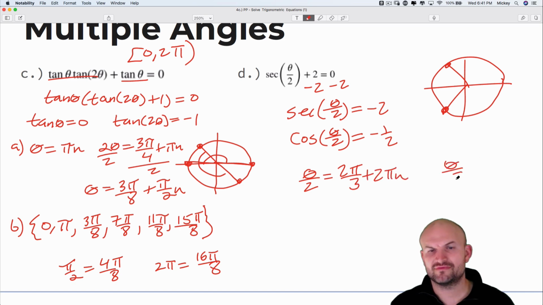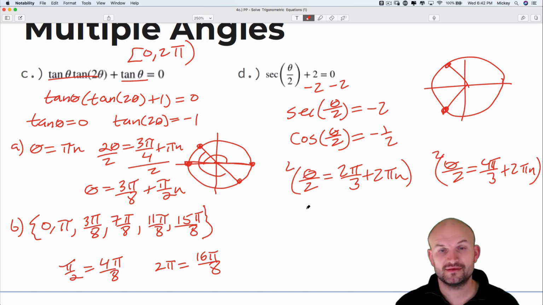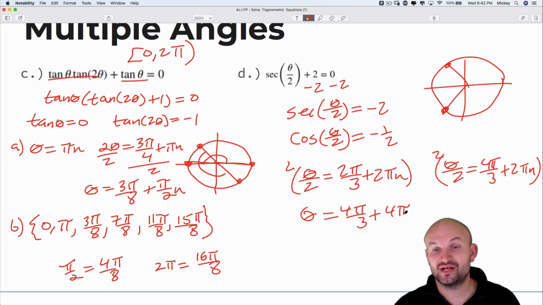And then I have theta divided by 2 equals 4 pi over 3 plus 2 pi n. Okay, so let's multiply everything by 2 again to solve for theta. So now I have theta equals 4 pi over 3 plus 4 pi n. And over here, I have theta equals 8 pi over 3 plus 4 pi n.